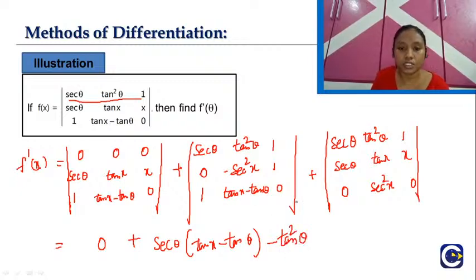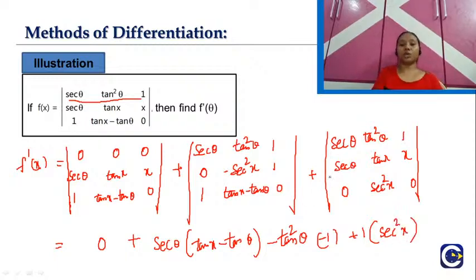This term will be 0 and here it will be minus 1. For 1 it will be 0, and so plus 1 into 0 and secant square theta. Similarly you can do this determinant, find the determinant value and simplify it further. Now I think you guys are clear with how to do this differentiation of determinants.